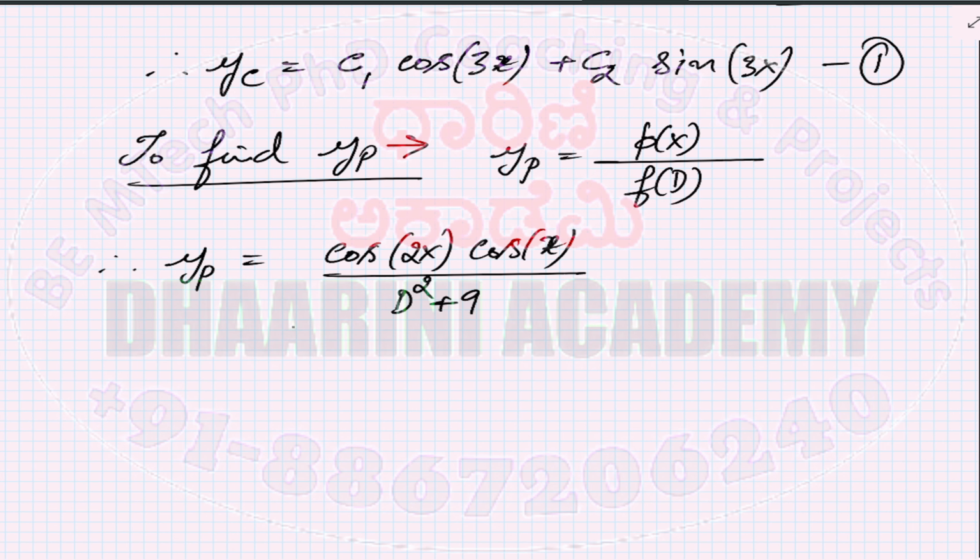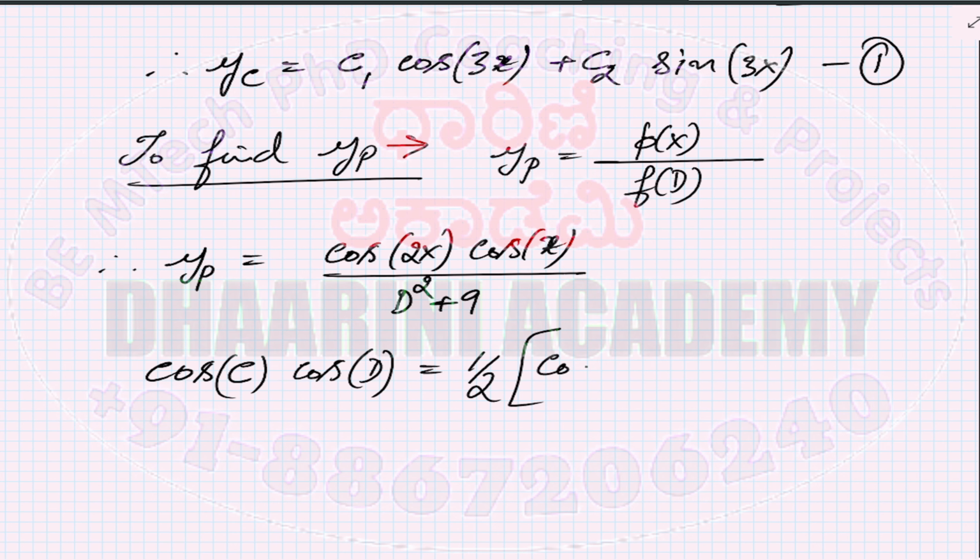Okay, so let's go with that. If you have a format like cos c into cos d, I'll write the trigonometric identity now. The identity that we are going to use is this: cos of c multiplied by cos of d is equal to half of cos of c plus d plus cos of c minus d.